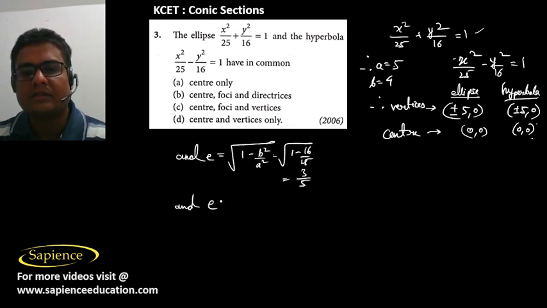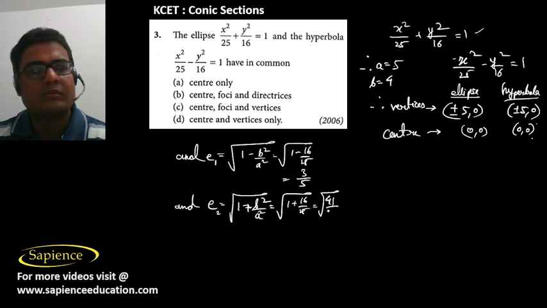And the eccentricity for the hyperbola, let's say it is e2, will be the square root of 1 plus b square by a square, so that is the square root of 1 plus 16 by 25, which is root over 41 by 5.